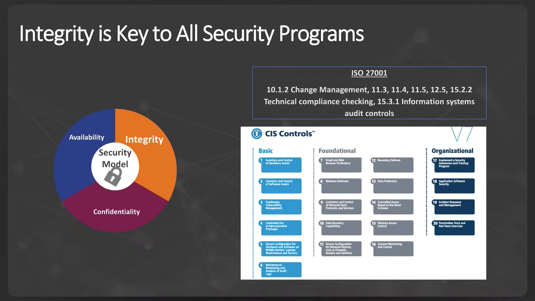For example, in ISO 27001, change monitoring or integrity monitoring is really all over the different controls. It fits into change management, but it also fits into technical compliance checking, and there are several other sections that you'll see referenced here today that it fits into as well. If you don't know what systems you have, if you don't know how they're configured, whether that's the proper configuration, and whether the changes happening to your systems are actually the ones that are supposed to be happening, there's just no way you can maintain, or just plain know, if your systems are secure.